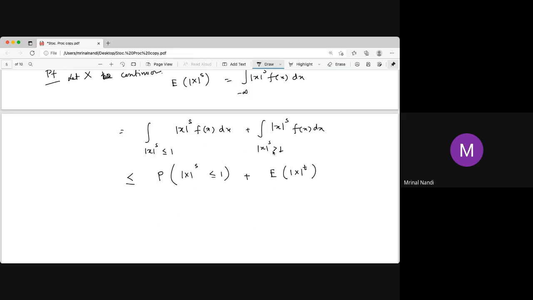Because if |x|^s is greater than 1, and r is greater than s, then x to the power s is less than x to the power r, since it is a higher power. But for |x| less than or equal to 1, that is not true.